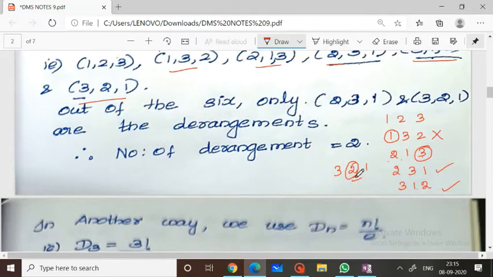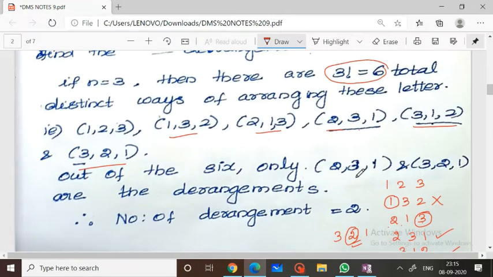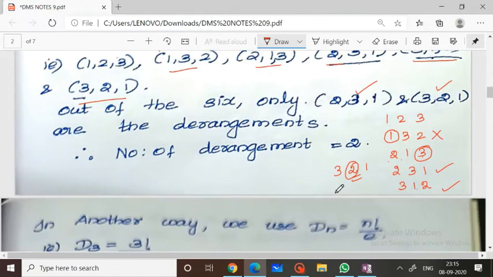So how many arrangements are there? There are 6 arrangements, but out of the 6, there are 2 derangements. So the number of derangements is equal to 2.